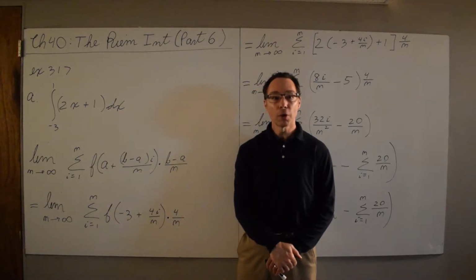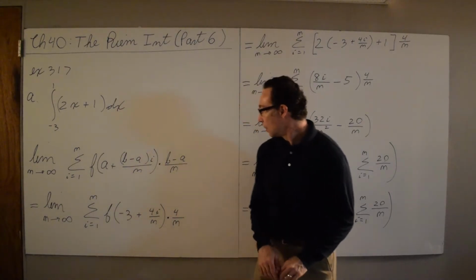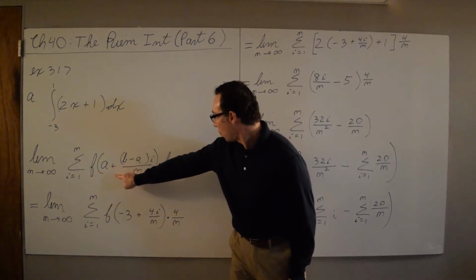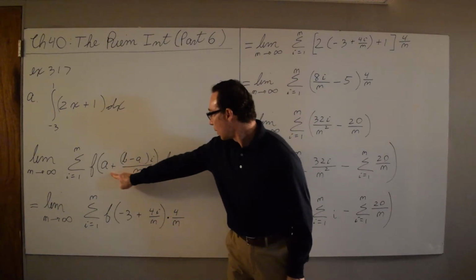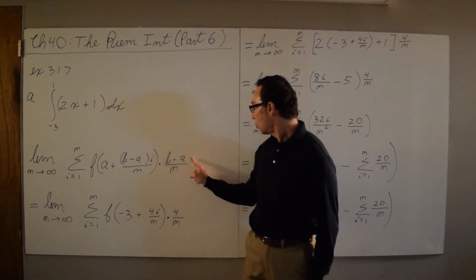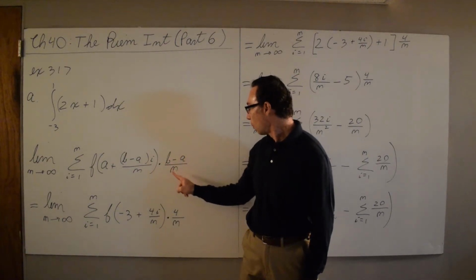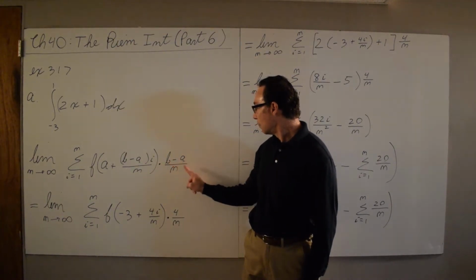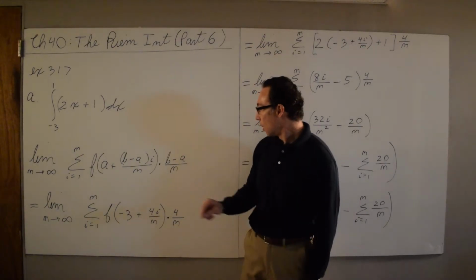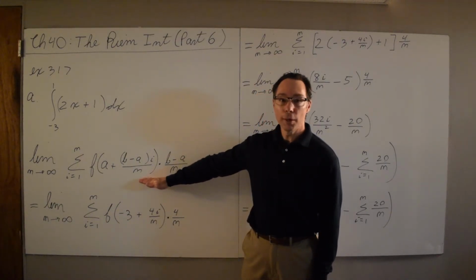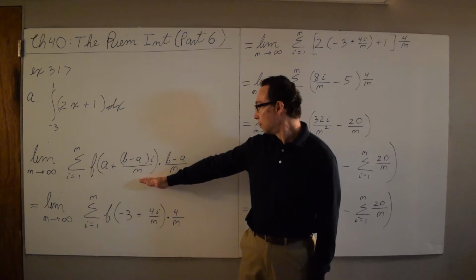The other thing that we looked at was how to do that, choosing the right endpoint of the interval as our x sub i star and chopping the interval into subintervals of equal length, b minus a divided by n. So this is the formula we're going to use to calculate these integrals.